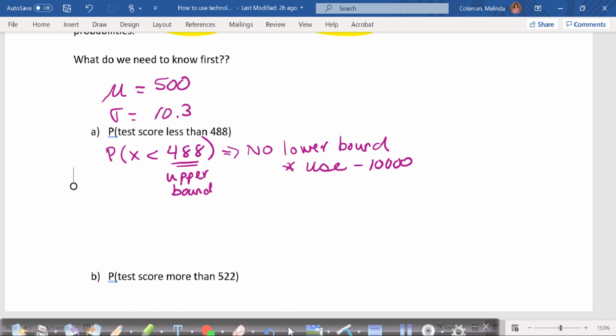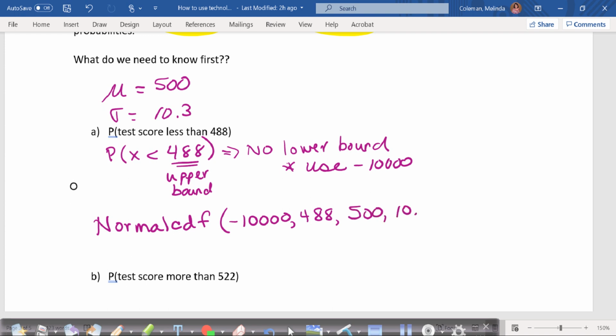So we're going to go in then, and we're going to hit normal. Again, we want CDF this time. Since there's no lower bound, we're going to use negative 10,000. The upper bound will be 488. My mean was 500. My standard deviation was 10.3.